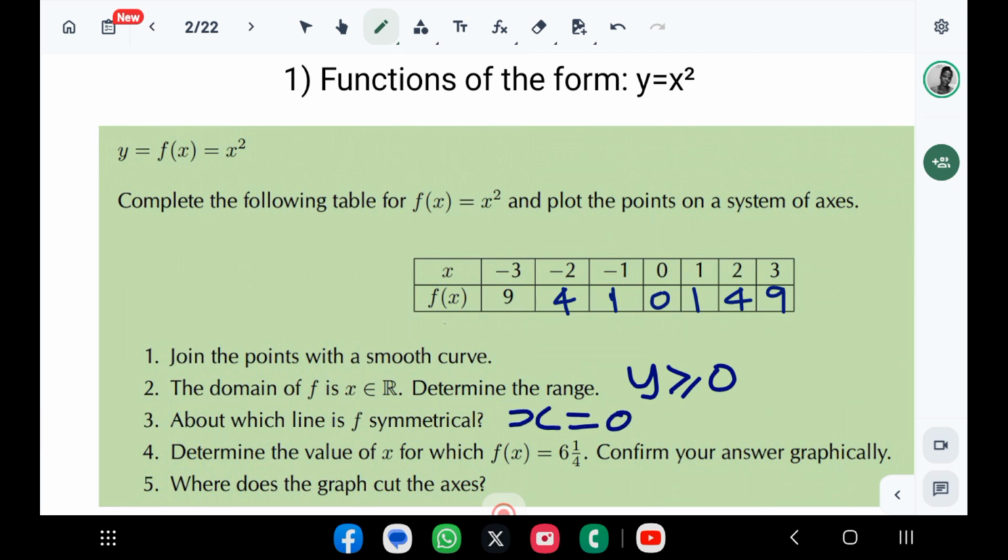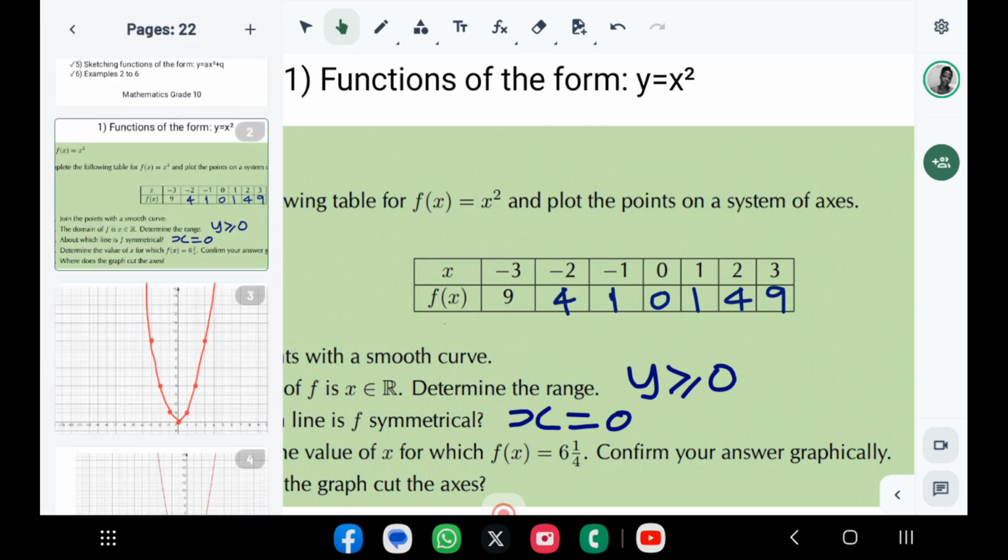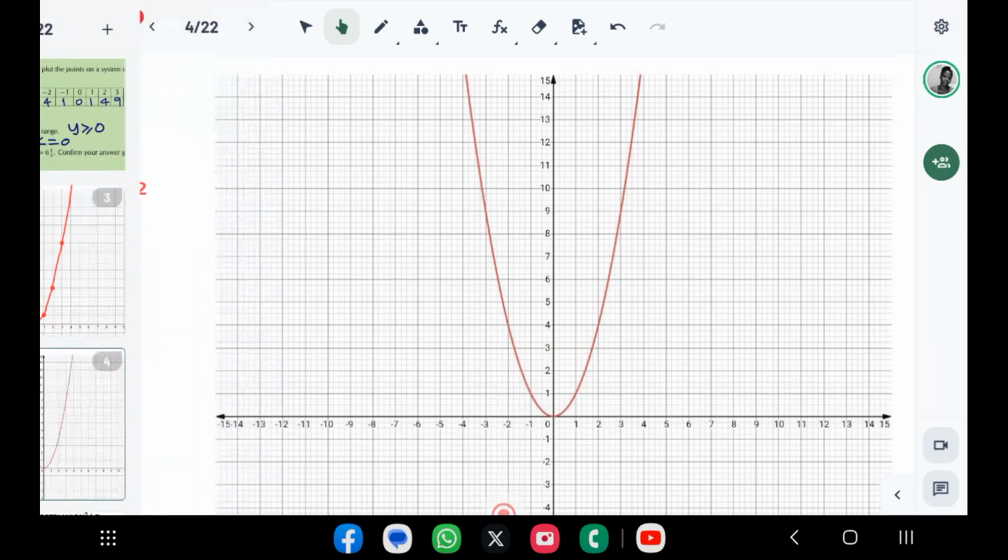Determine the value of x for which f of x equals 6¼. Confirm your answer graphically. Now we're going to use the graph calculator so you can see exactly what we come across.